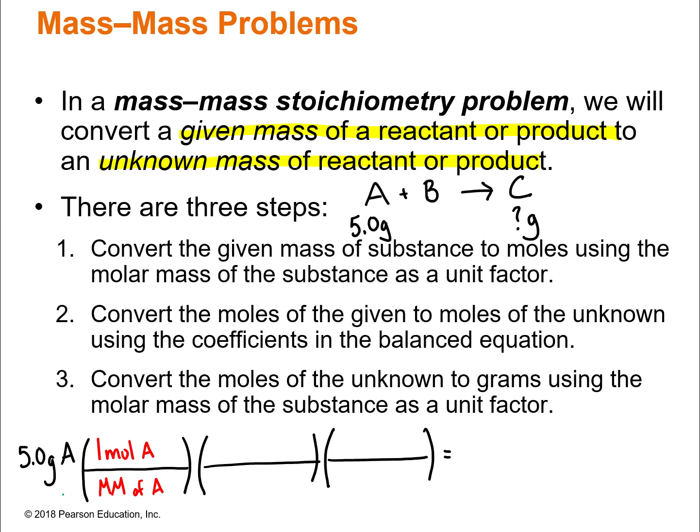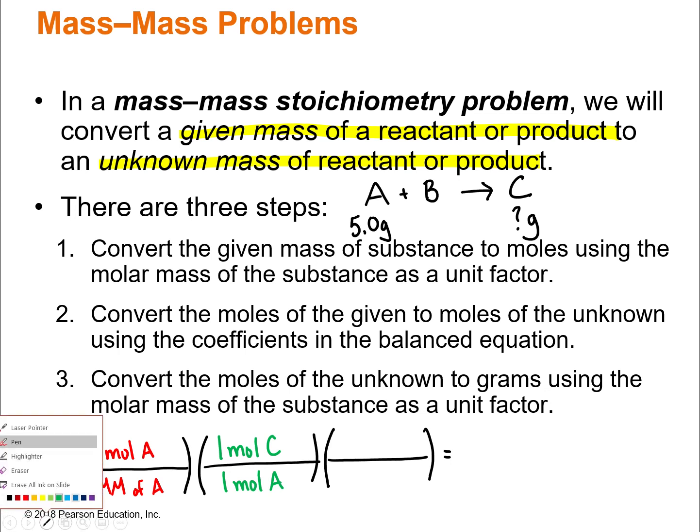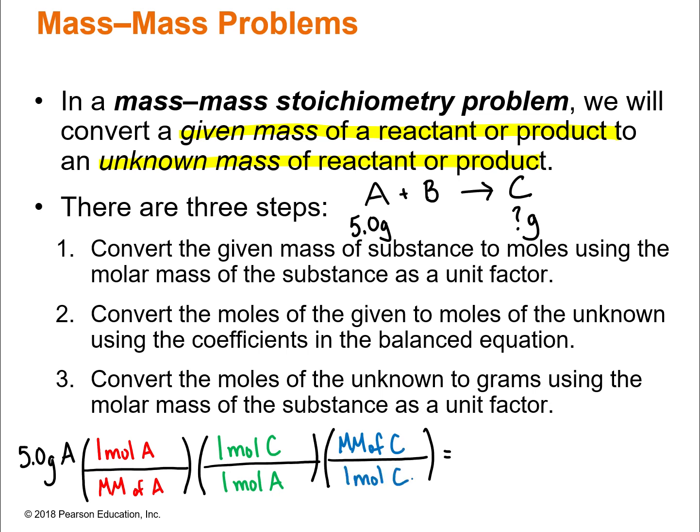Once you have moles of A, you need to use a mole ratio from the chemical equation that will get you from moles of A to moles of C. Last but not least, we need to get from moles of C to grams of C. You're going to put the molar mass of C at the top and 1 mole of C at the bottom.